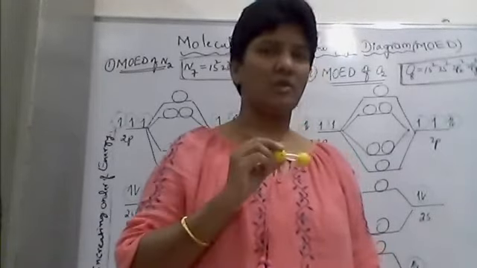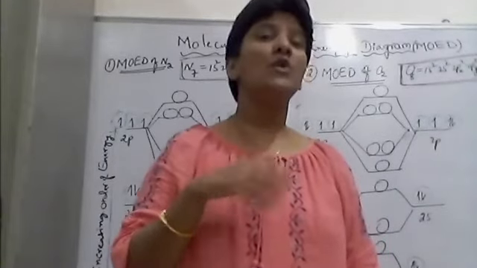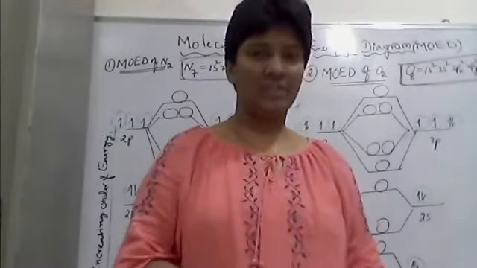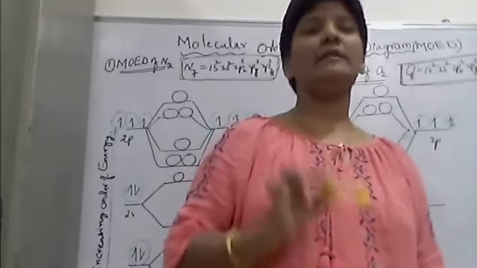And whenever electrons are paired, the molecule is non-magnetic, that is, diamagnetic in nature. So the O2 molecule according to VBT must be diamagnetic in nature.